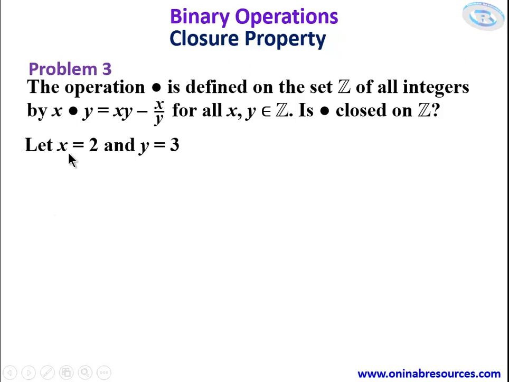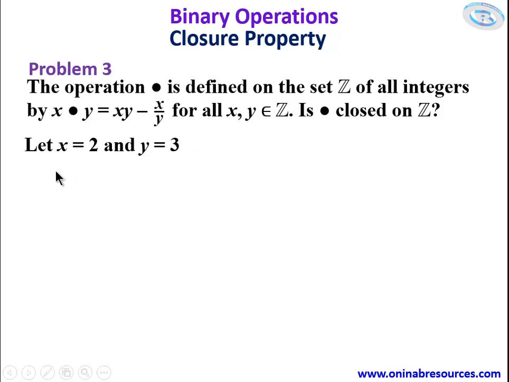So we now let x be equal to 2 and y be equal to 3. Since it involves division, our choices for x and y will be selected carefully so that they are not factors of each other. So with this, we now say x is equal to 2 and y is 3.